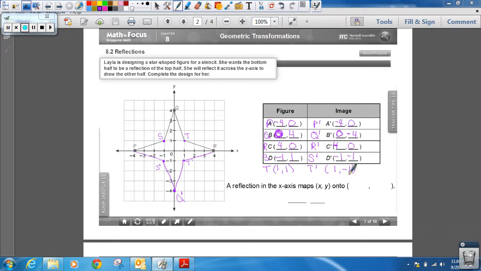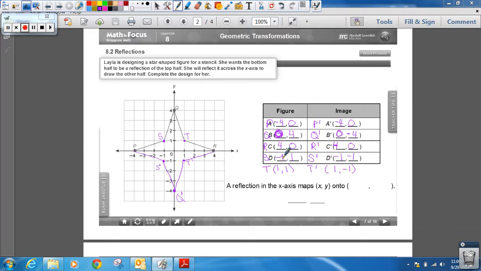If we use these, we can make a generalization. A reflection in the x-axis maps x, y onto, if I look here, nothing changed there because it was on the line of reflection. Q, though, went from 0, 4 to 0, -4. So my y was the opposite. Here, nothing changed because it was already on the line of reflection.